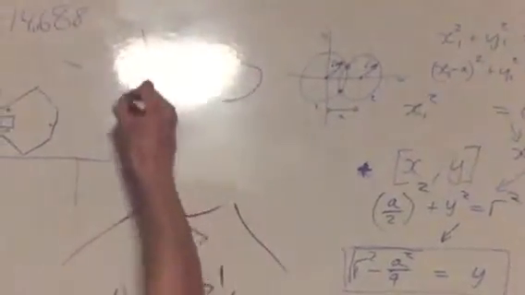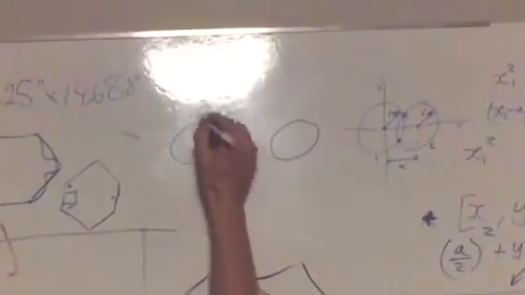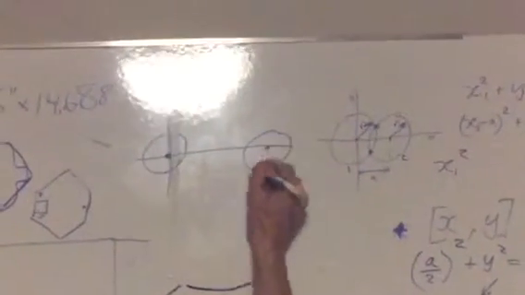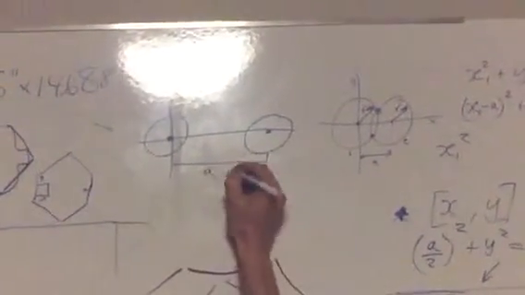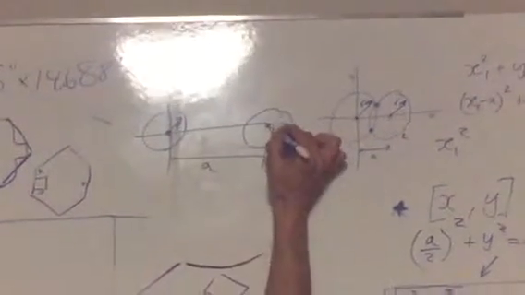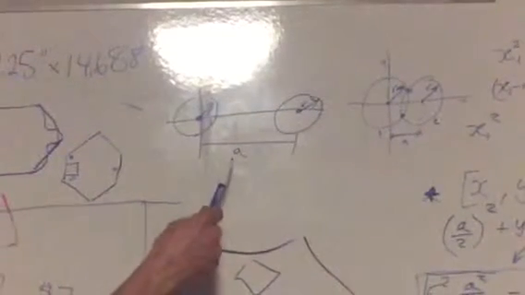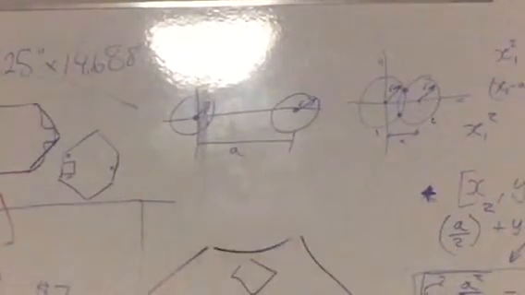Where you start to have interesting solutions is where you have 2 circles which apparently are not connected. I can't draw centres, but I can't. So that's a again, and that's r again, and that's r again. Clearly, a is greater than 2r.